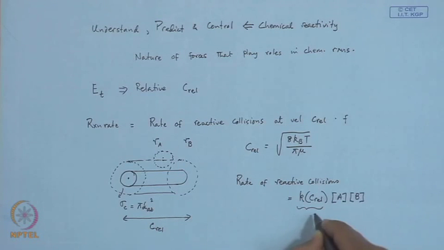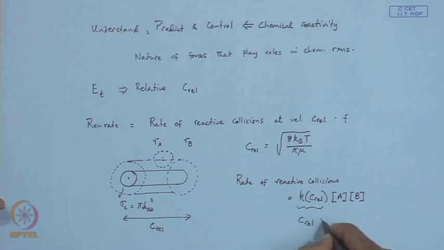So Kc relative is nothing but your C relative into sigma.